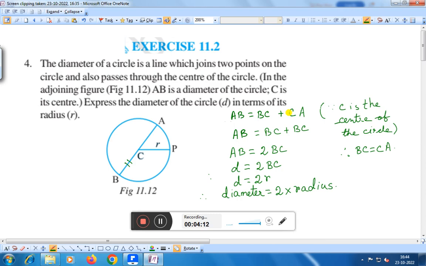Since C is the center of the circle, we can say that BC is equal to CA. Or you can write BC plus BC, or AB equal to twice of BC. AB is the diameter, that is D.